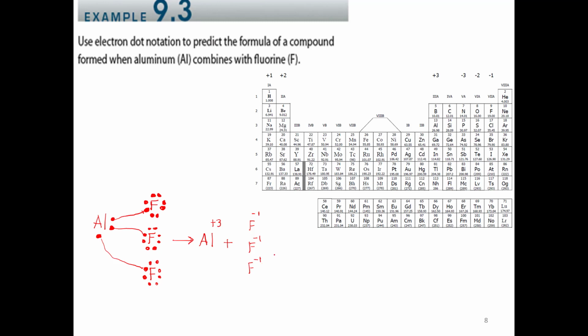Then we can rewrite this one like this: aluminum plus 3, and 1, 2, 3 negative 1 ions of fluorine. Now we need to check if the new compound is neutral.